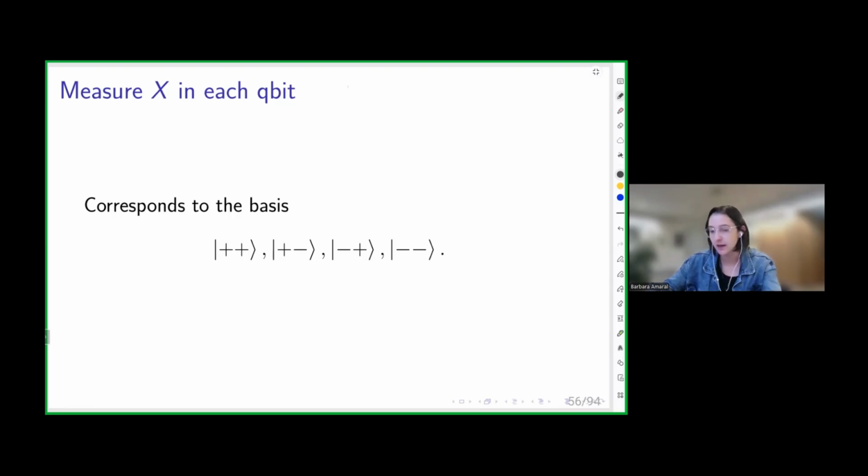So the possible outcomes here, I will label as 1, 1; 1, minus 1; minus 1, 1; and minus 1, minus 1. And each of these possibilities corresponds to one element of this basis. So it's exactly the same thing, but we're using the plus and minus basis here because we are measuring X in each qubit. Okay?